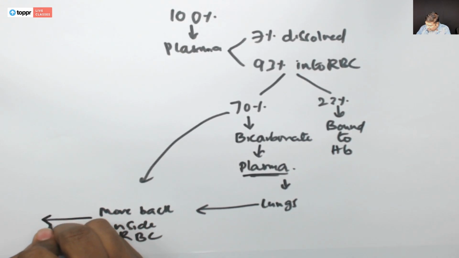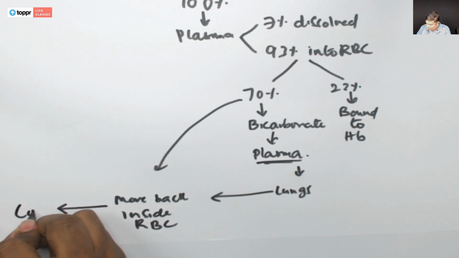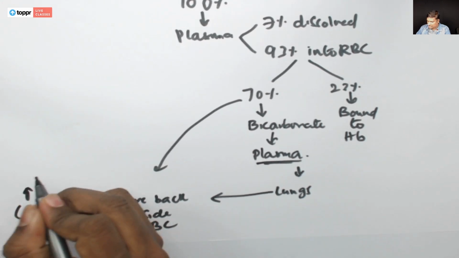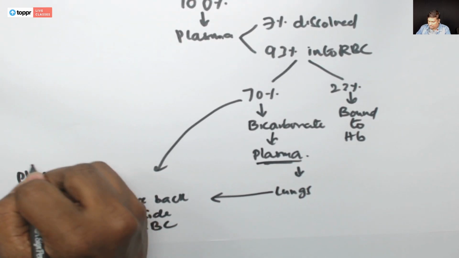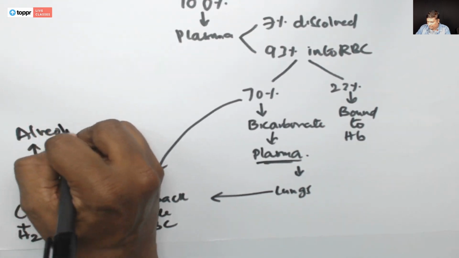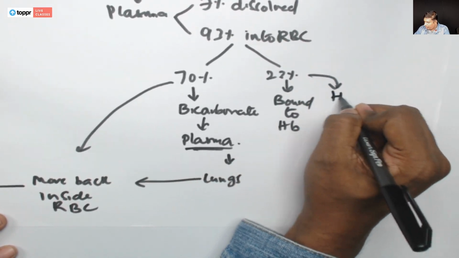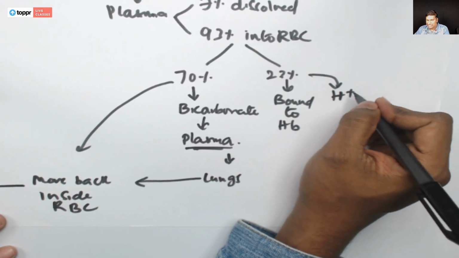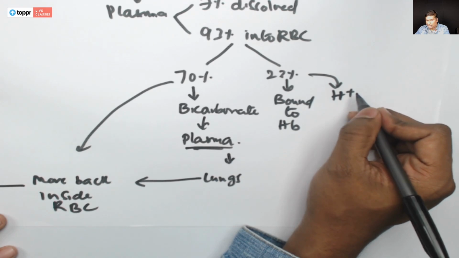Then again the 70% bicarbonate will get converted into carbon dioxide plus water. This carbon dioxide is released into the plasma, and from the plasma it diffuses into the alveoli. Now what is happening to this 23%? When the partial pressure of carbon dioxide is low, the protons are removed from the hemoglobin.